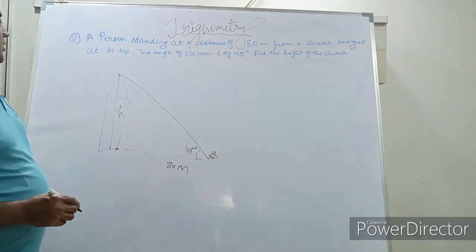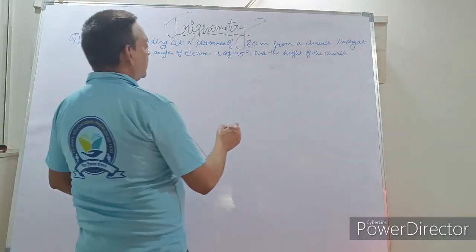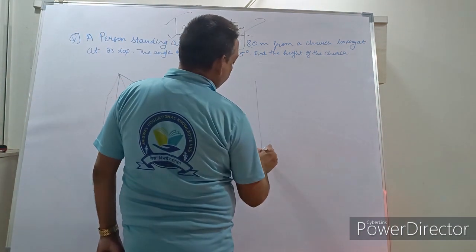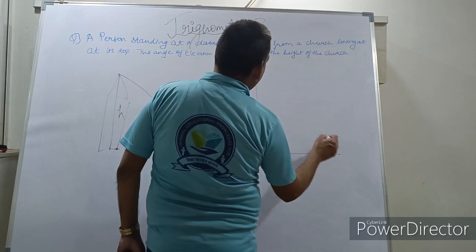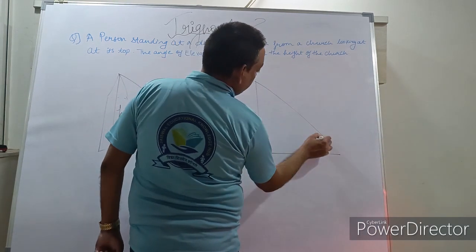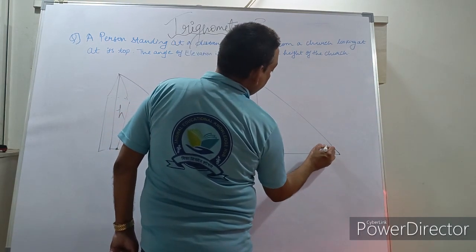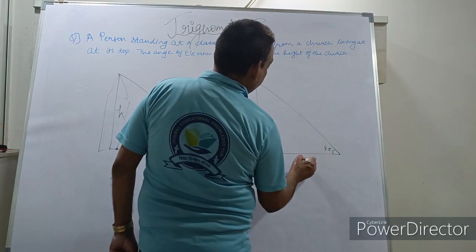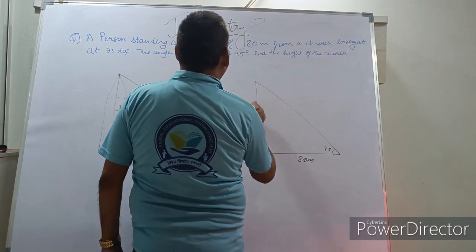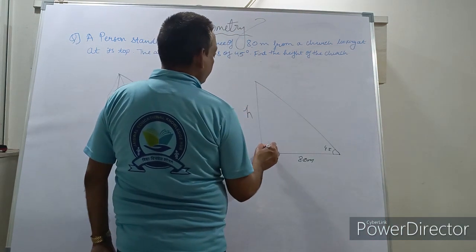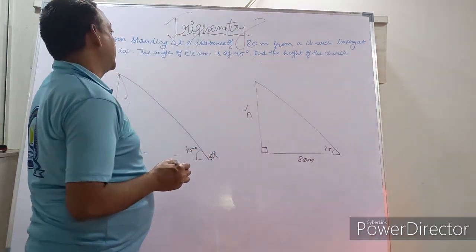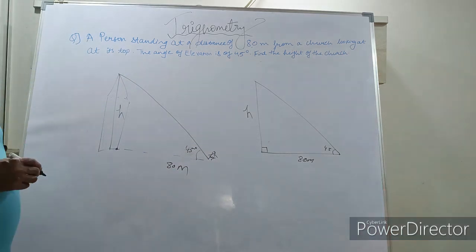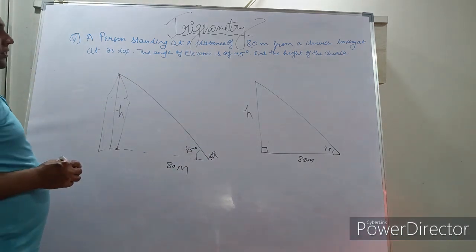Indirectly, they have given that this is the height of the church, this is the ground distance, and this is the angle of elevation from here to here. They have given 45 degrees, here 80 meters, and they are asking for this height. And this is always 90 degrees, because anything standing on the ground makes a right angle of 90 degrees.